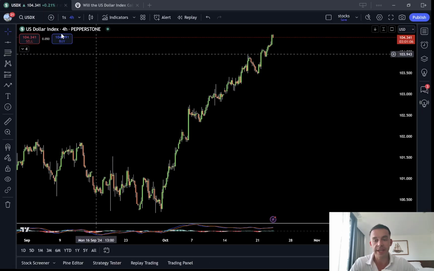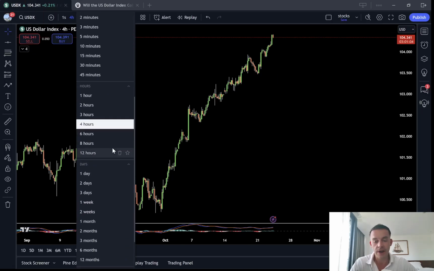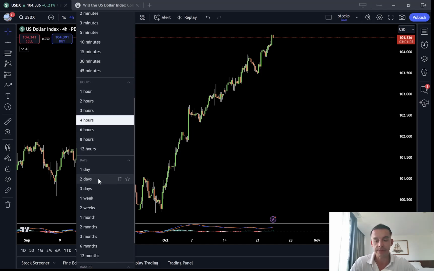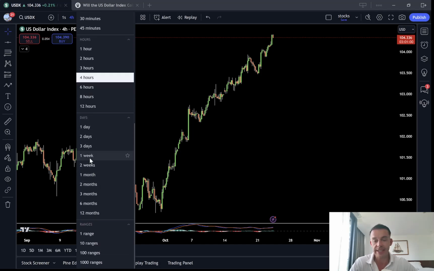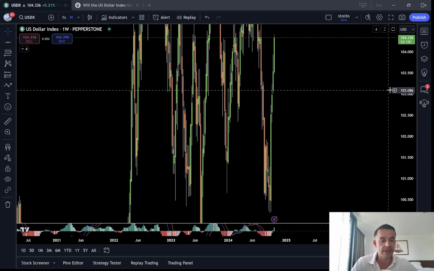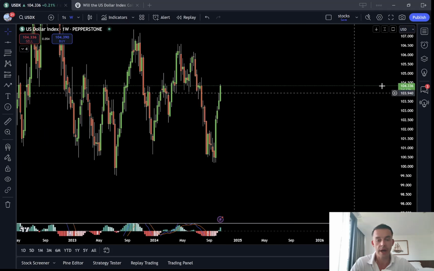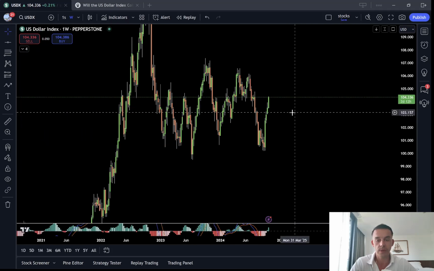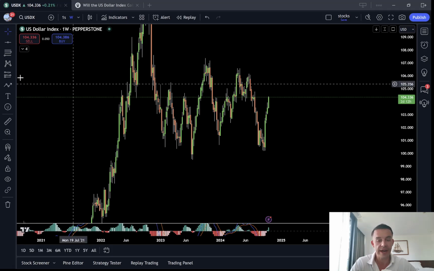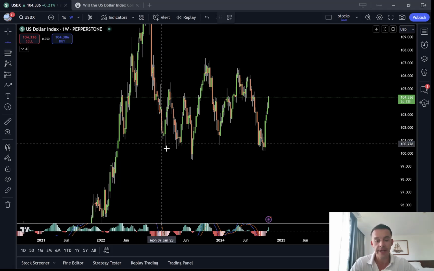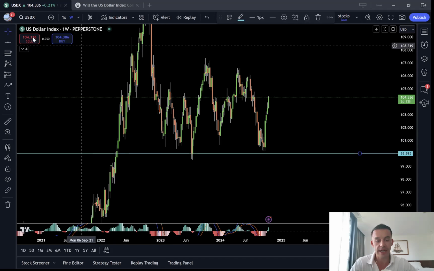So what is happening now? It's at the area where I did say in that trade idea that we would likely see sellers come back in. If we zoom out to the weekly charts, we will see that we are in a range-bound market, kind of between 107 and 100.